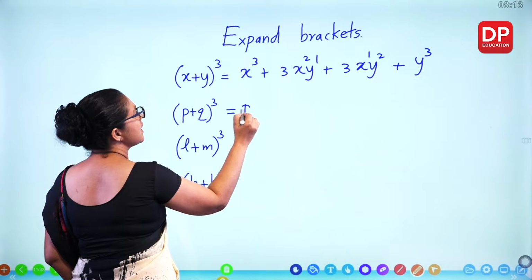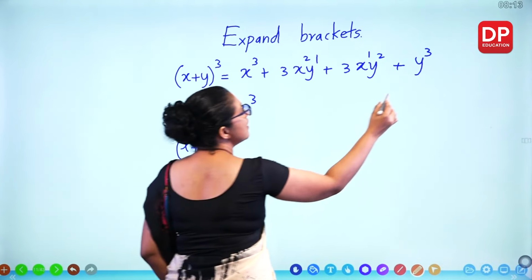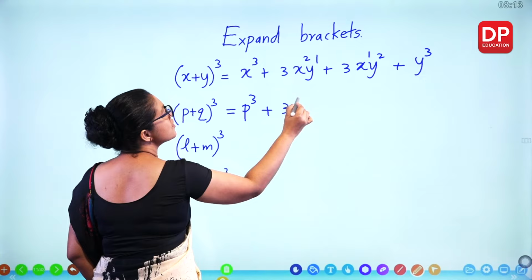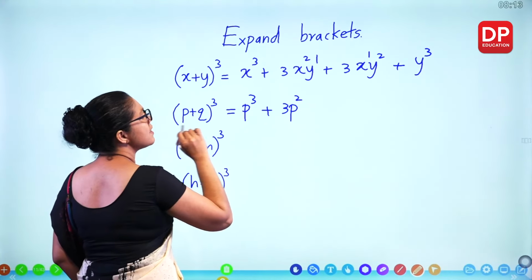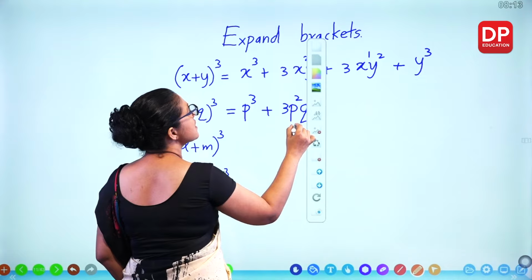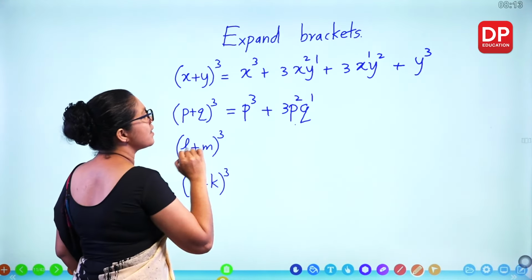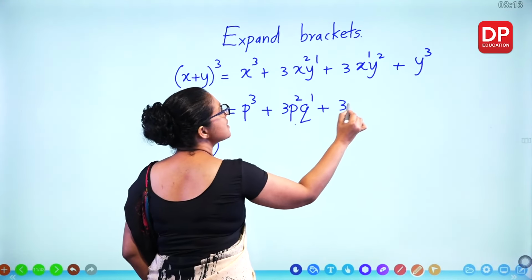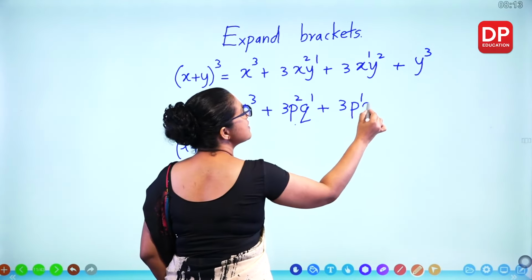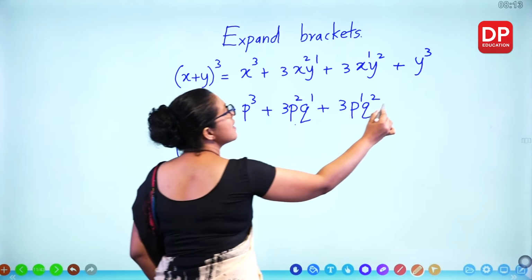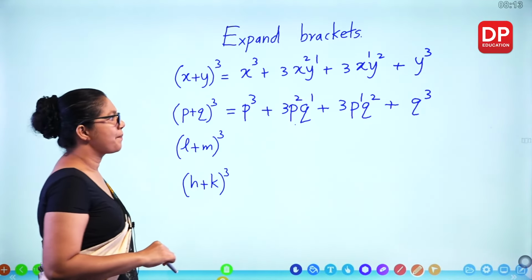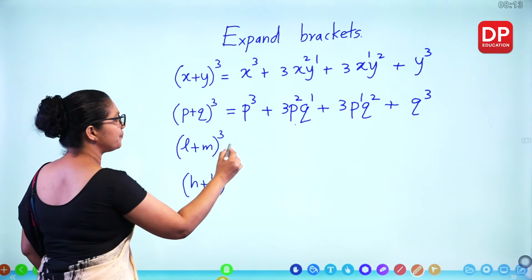First term cube, and 3 times, reduce the power of the first term by 1, and then the second term comes as power 1. 3 times, the first term reduces by 1 again. This is increasing. Then you get Q cube. Now try this one at once.